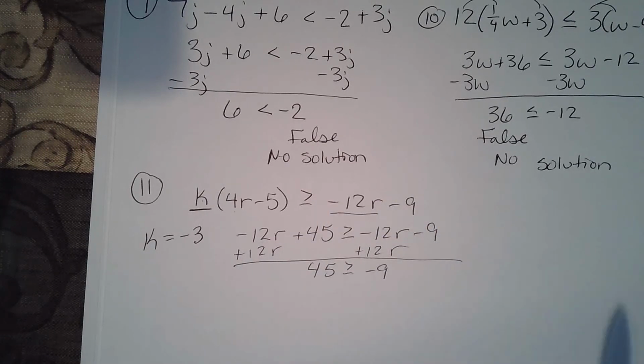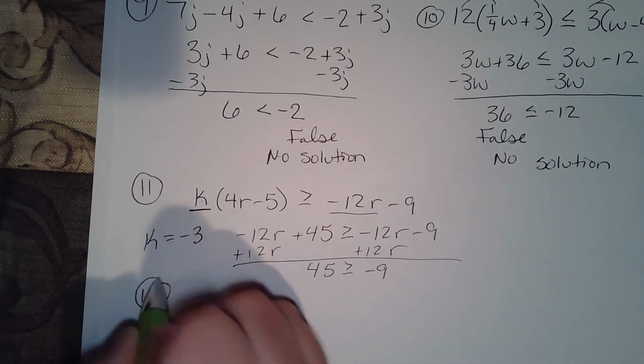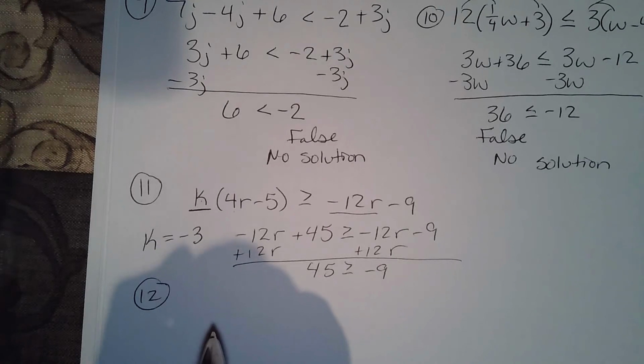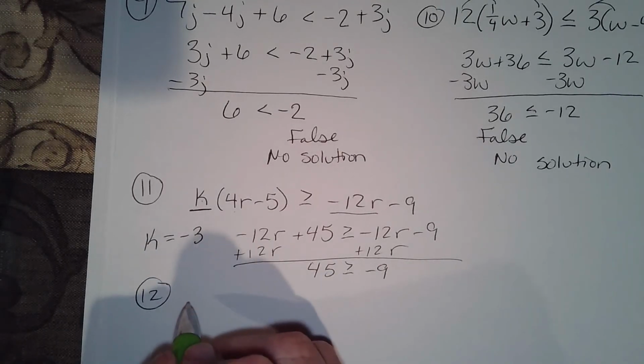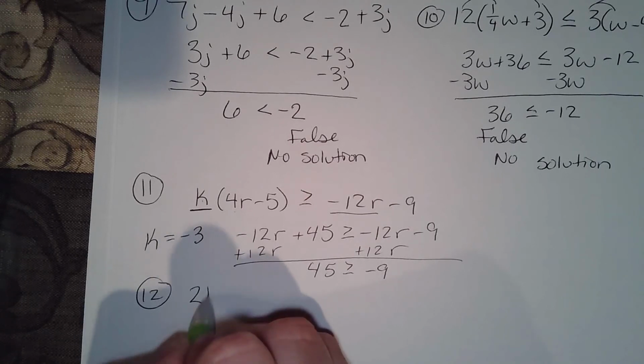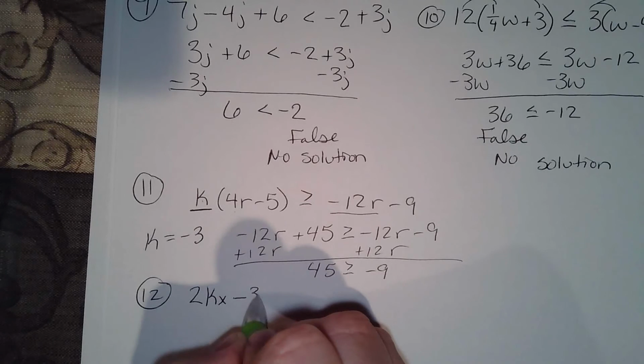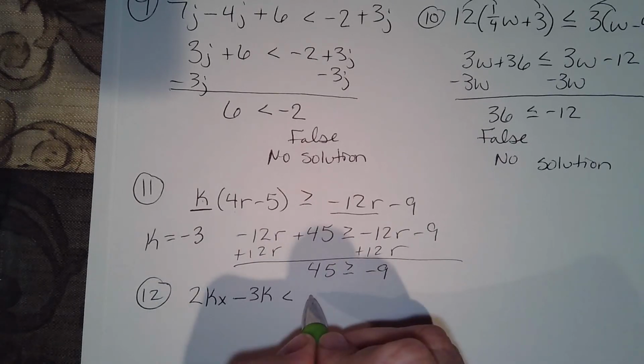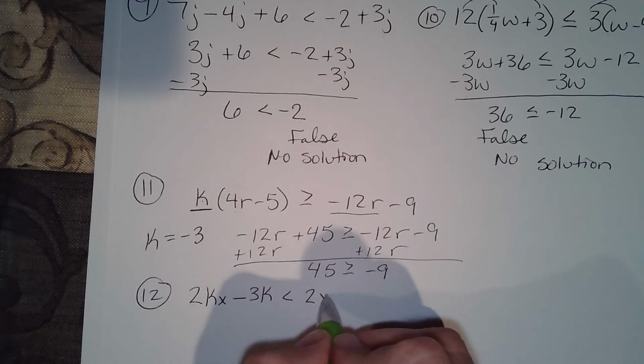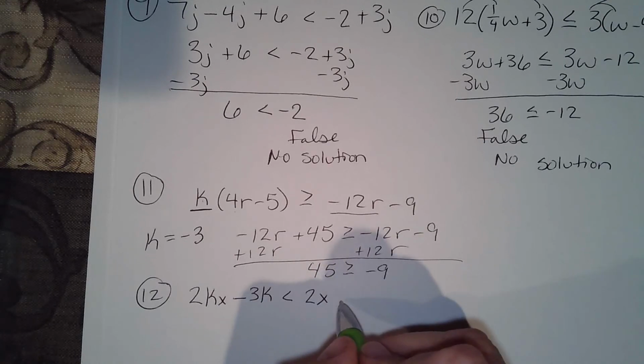So this makes it a true statement, which is what it wanted. Now, number 12 is asking the same thing, only making it a no solution. So what do I have to multiply the k by, or the number times the k, to get a no solution? In other words, what's it going to take to make this work? This one's a little more complex.